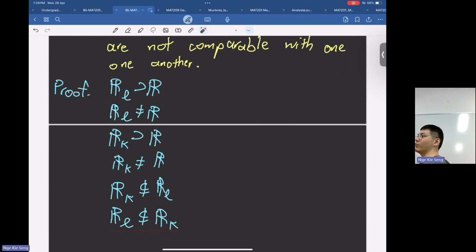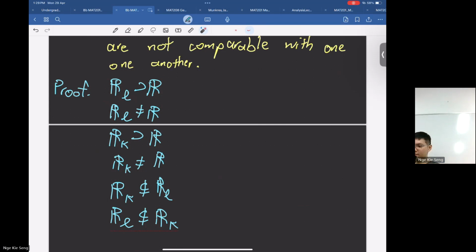You need to show that every open set in R is in R_L. But we know that this topology is generated by a basis, right? So really, we just need to talk about basis elements, because if you take the union of them, they are still living in the basis set.